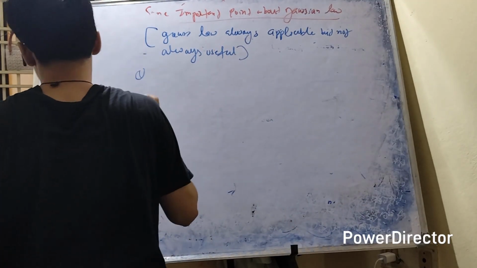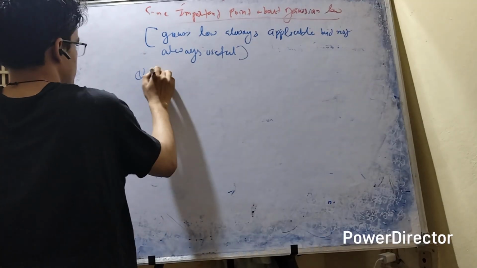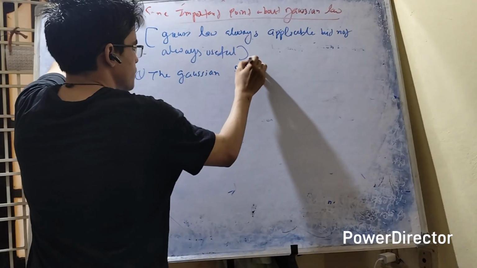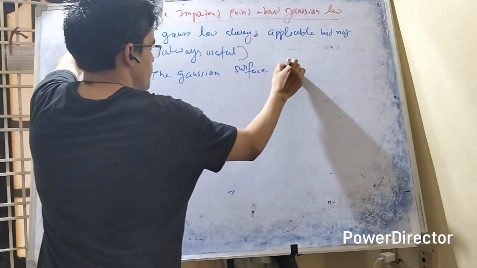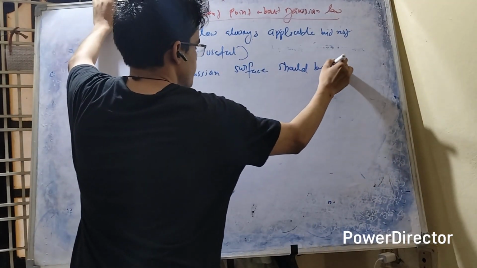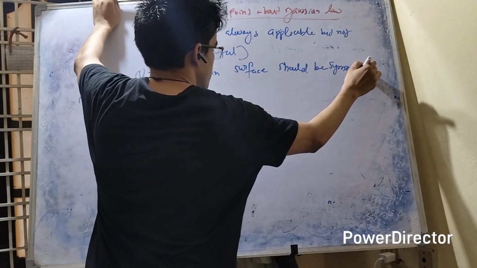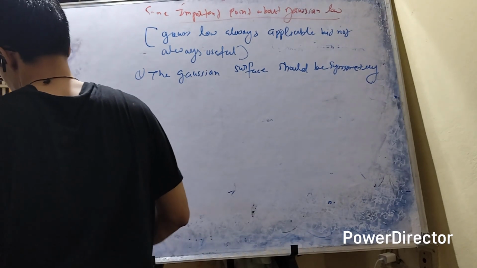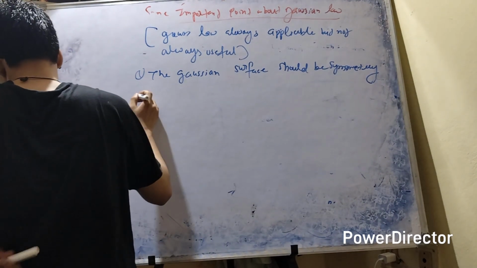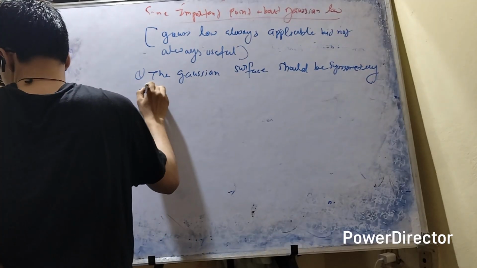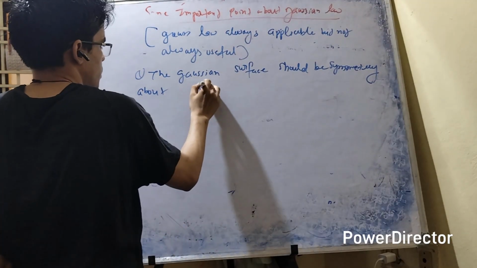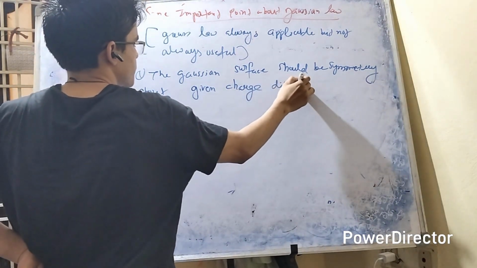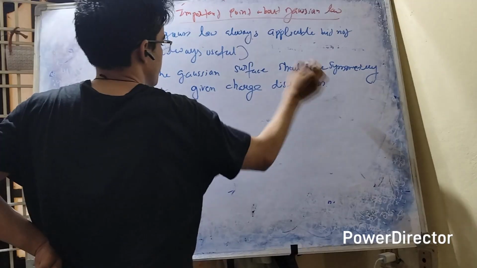Right, the first assumption here: the Gaussian surface should be symmetric about the given charge distribution.